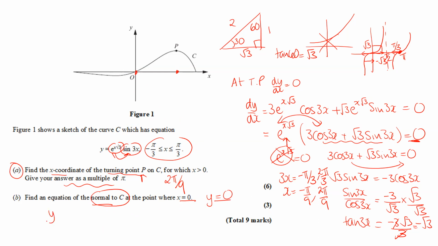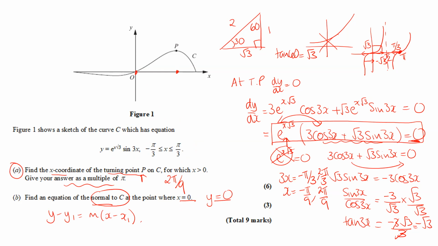So we're going to be using y minus y1 is equal to m(x minus x1). Now, when x is equal to 0, we need to go back to our gradient function and find what the gradient is when x is equal to 0. So back into this equation here, and we put x is equal to 0.